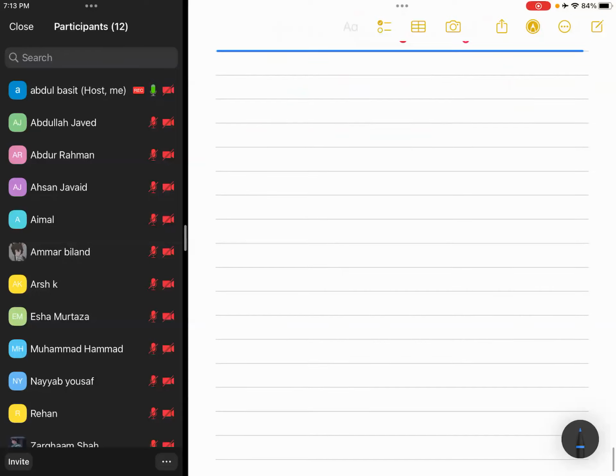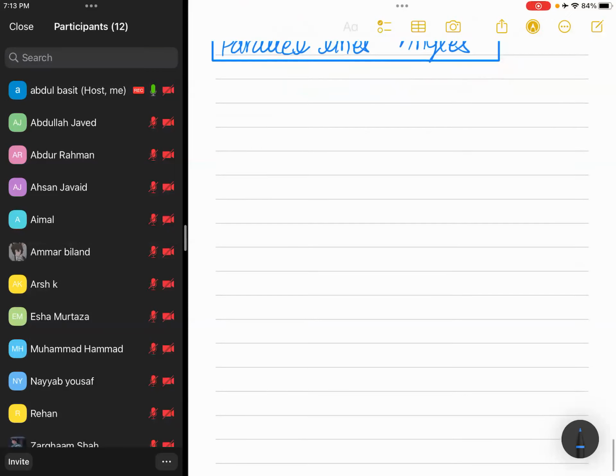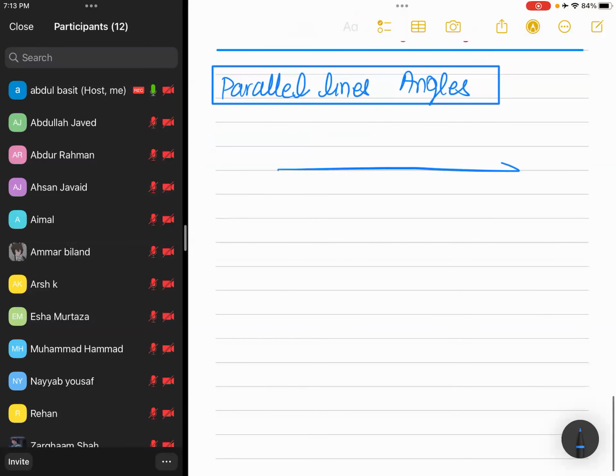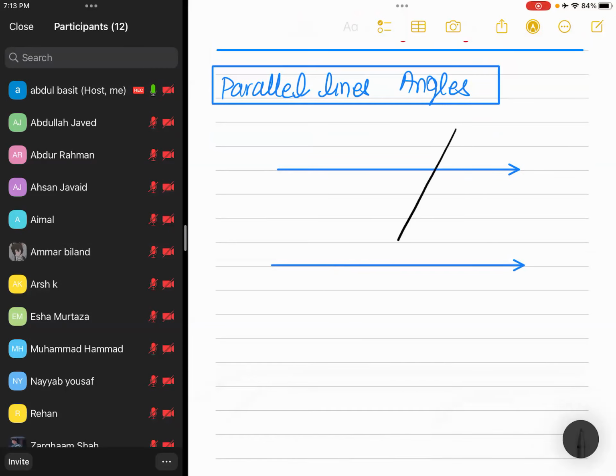So that we get a bit of an idea about the parallel line theorem, the angles on parallel lines. See beta, two lines are parallel. Let me intersect a line. It is a transversal line intersecting both of them.